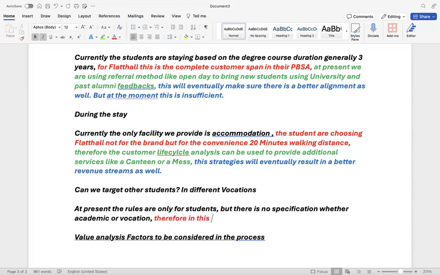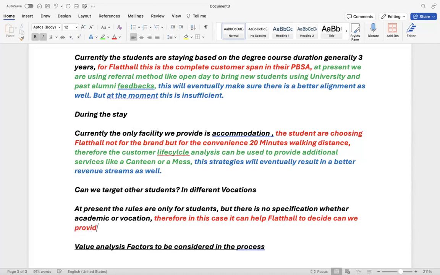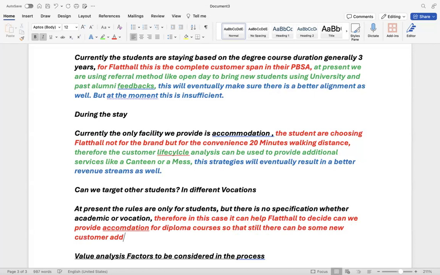Therefore, in this case, it can help Flatthall to decide, can we provide accommodations for diploma courses? Diploma courses. So there can still be some new customer add-ons.